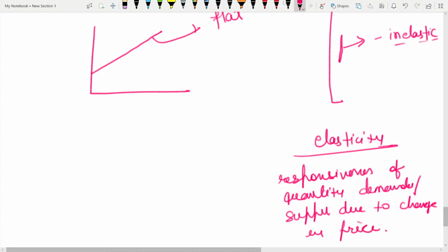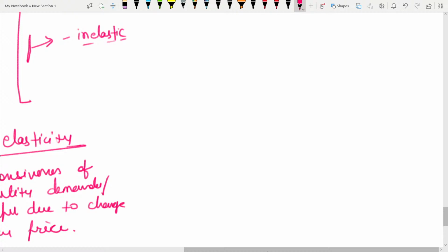If the supply curve starts from the y-axis, that means elasticity is greater than 1, and this is also flat. More flat, more elastic; less flat, less elastic. Another point: if the supply curve starts from here, then ES is less than 1.